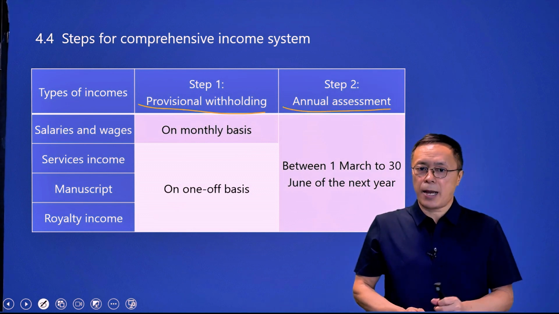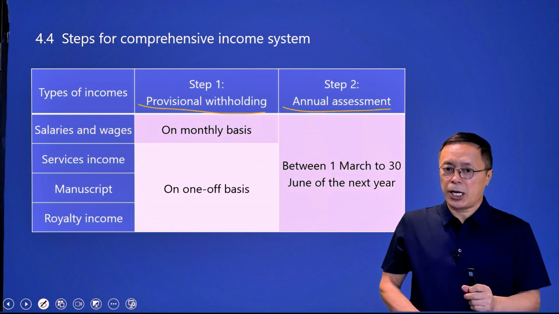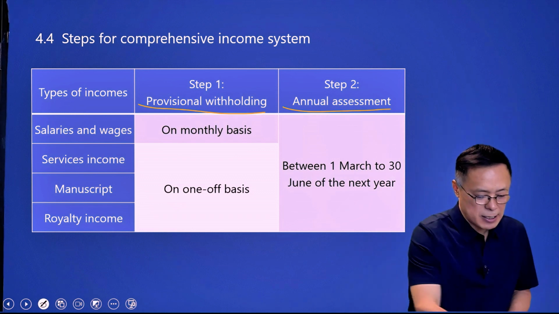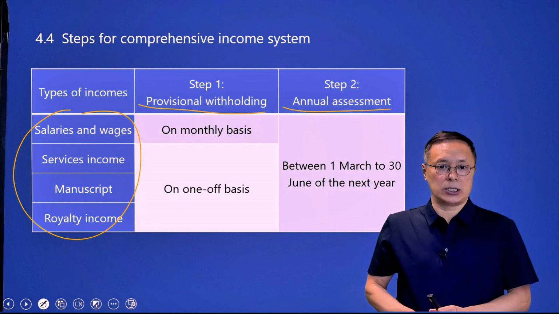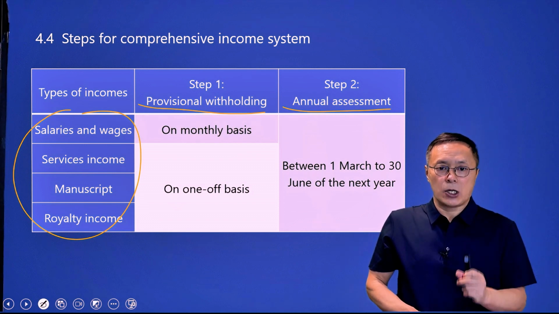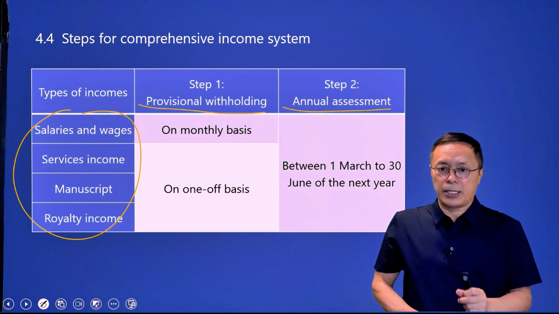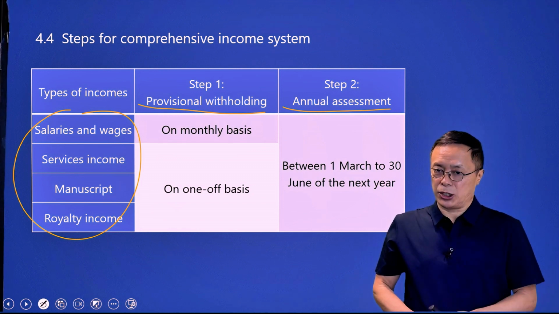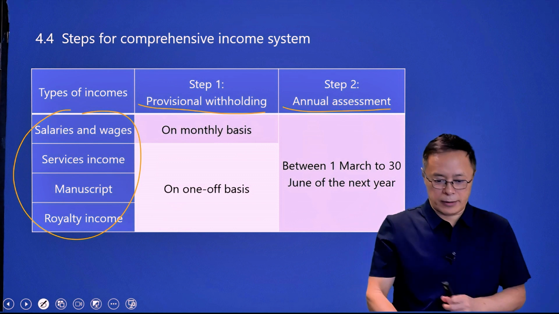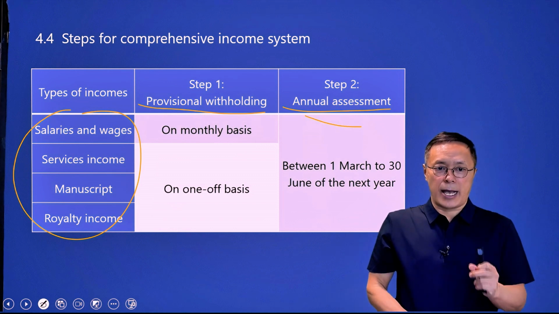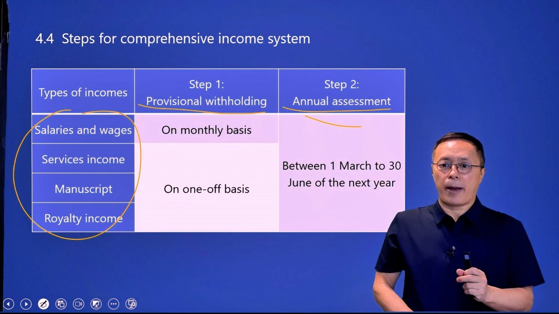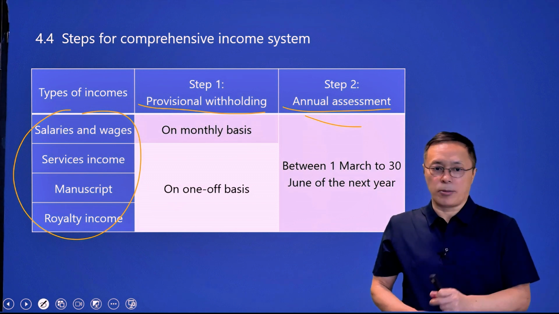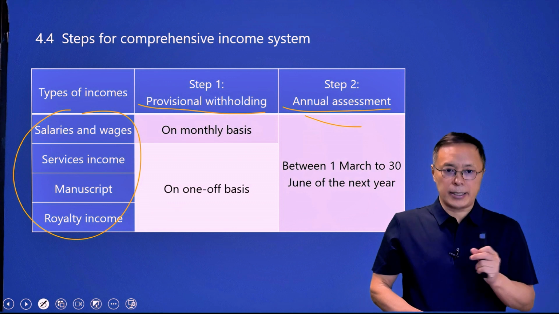In the provisional withholding step, where a withholding agent pays these four types of income to a tax resident, it should withhold IIT and complete IIT filing as agent. In the second step, the tax resident should perform annual assessment of comprehensive income at the end of the year.